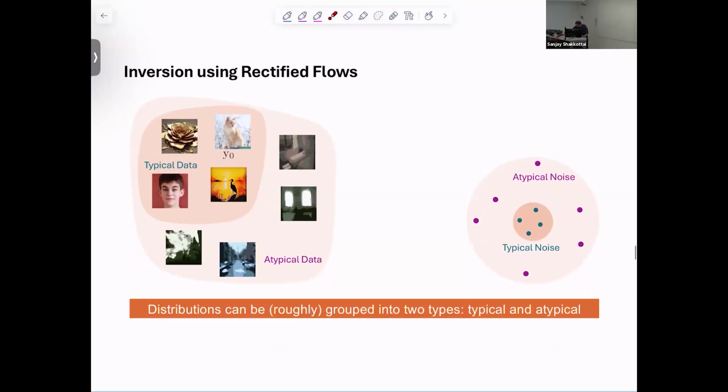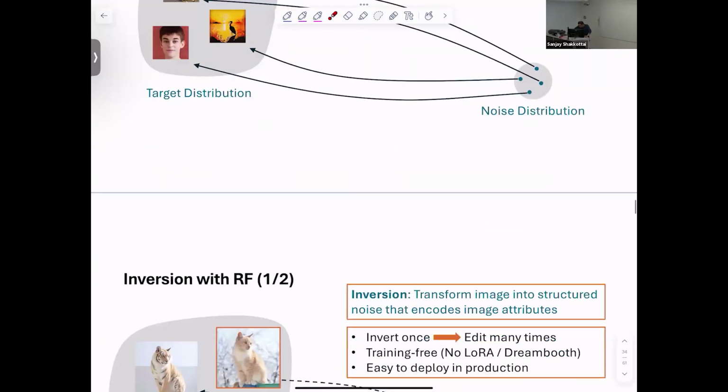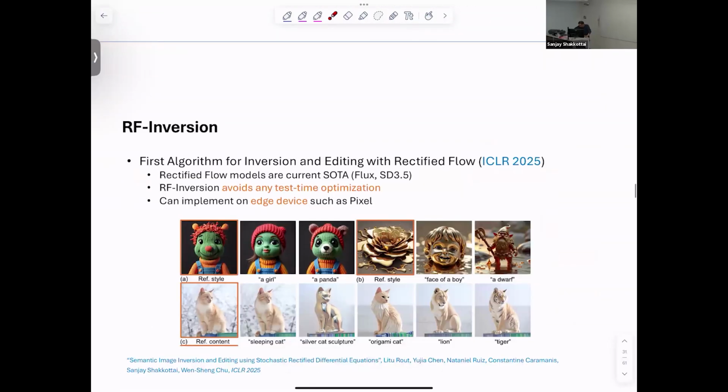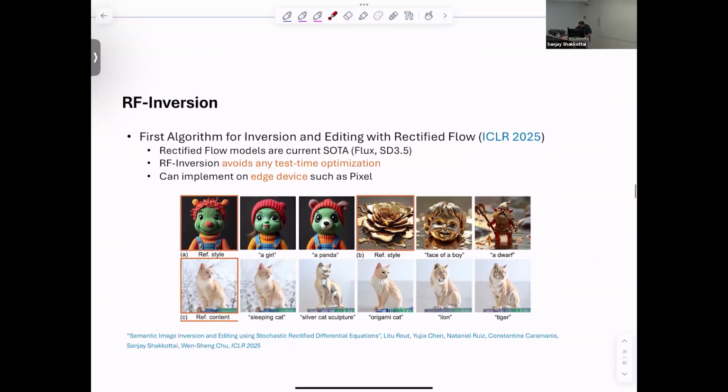Before I get to the idea, why do you want to directly do it with a flow model?